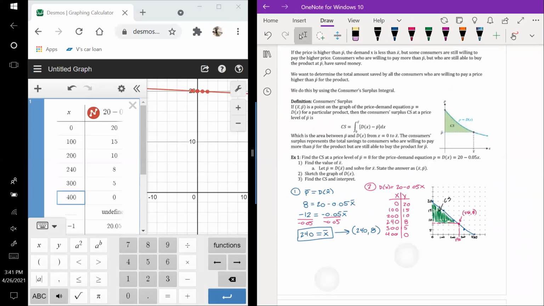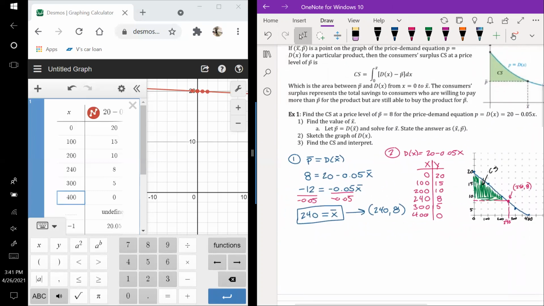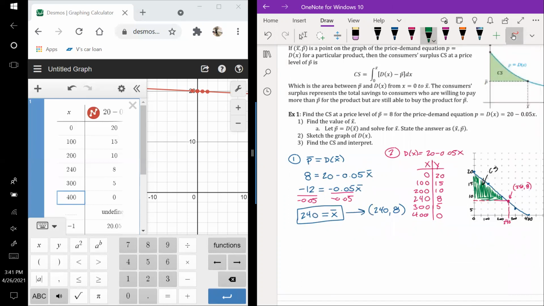Now, let's go ahead and set up that integral. So that's going to be step 3. We'll set up consumer surplus, and we're going to get the integral from 0 to x bar.